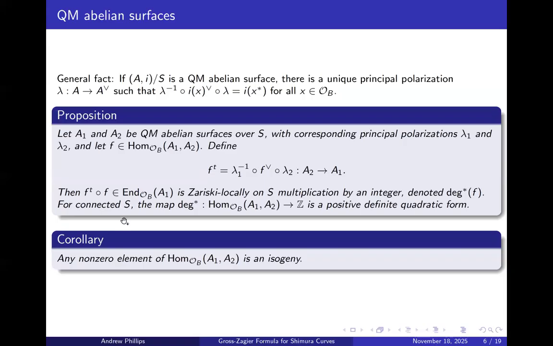The way you do that is you look at the possibilities for the endomorphism algebra. If you tensor any QM abelian surface with Q, there's a limited number of possibilities for what that structure could be. One possibility is that the endomorphism algebra is Q, it could be an imaginary quadratic field, or it could be a definite quaternion algebra.